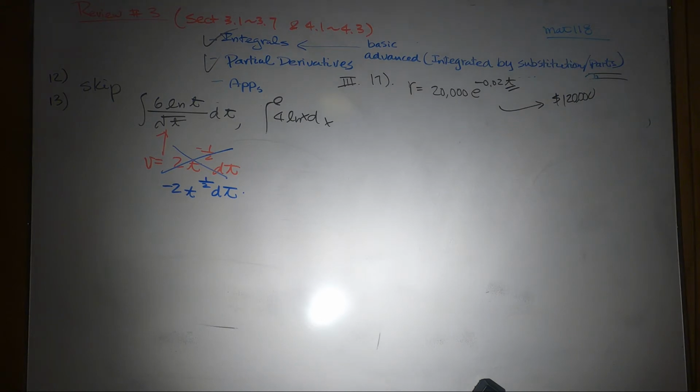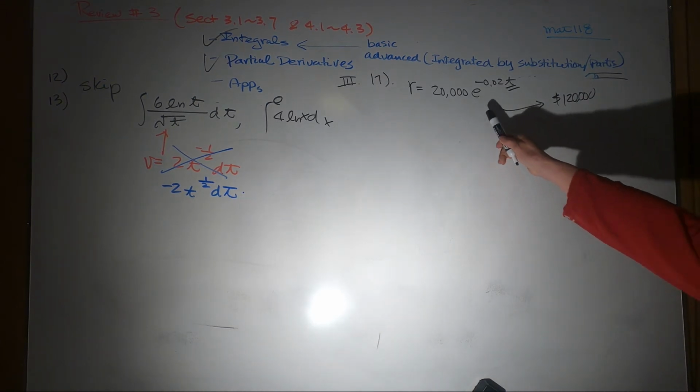So, what do you think? Take a look at your page. Let's look at page 77, 78. Okay, continuous stream of income.